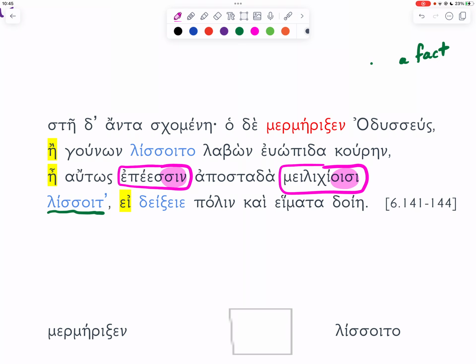And this is going to be called a dative of means. So when you say by means of, that's going to be a dative of means.